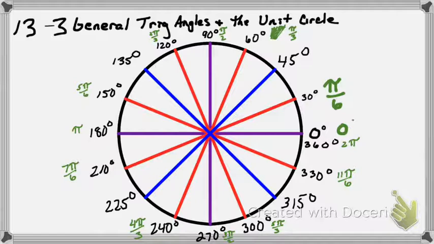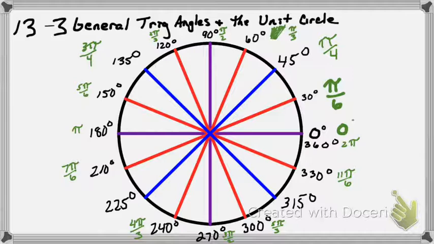For the 45s, instead of counting by sixths, we count by fourths. So 45 is pi over 4, or 1/4 pi. 90 would be 2/4, which of course reduces to 1/2, which is what it already says on 90. So now 135 is how many fourths? 3/4. Notice I'm not memorizing all these numbers. I'm counting around the circle.